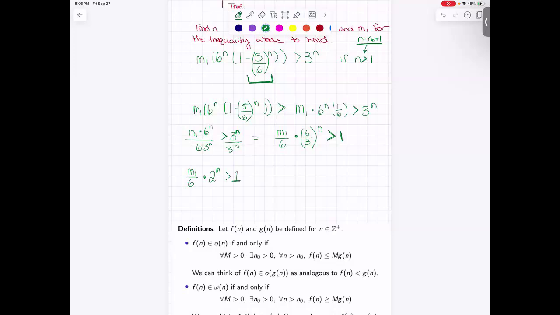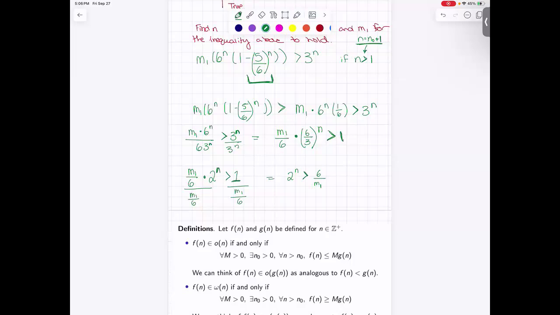All I did was take 6 divided by 3 to get that value. Okay, so now we still don't have n alone. So I think what we should probably do is divide both sides by m1 over 6 so that we can get that 2 to the n all by itself. So that's going to result in 2 to the n being greater than 6 over m1.